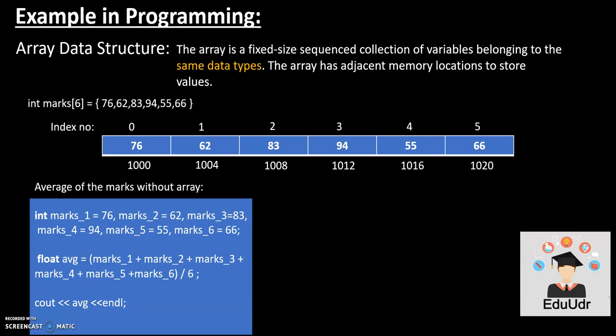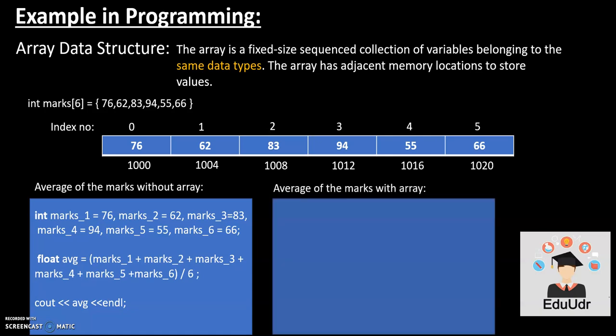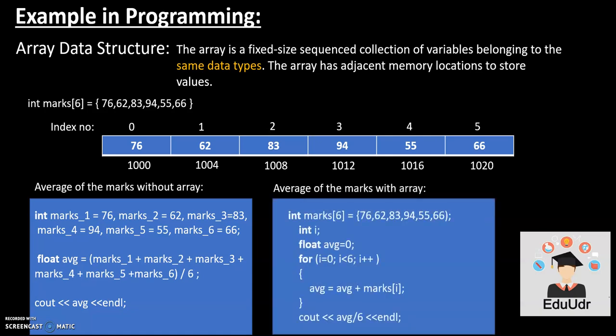Now, we come to the code with an array. See, the whole data is stored within a variable of array size 6, and by using a for loop, we are adding up the marks and displaying the average of the marks.